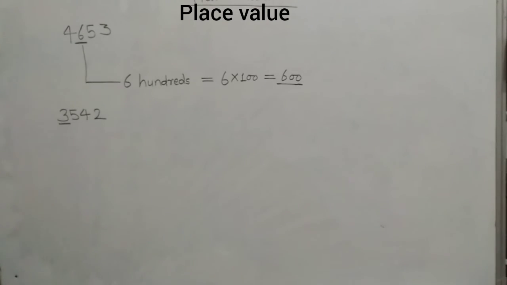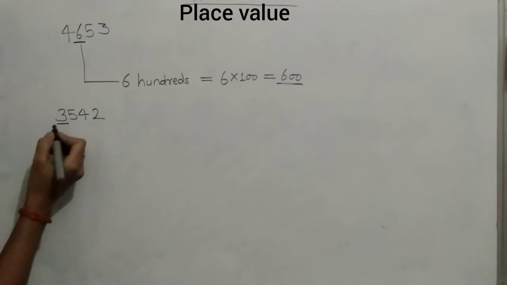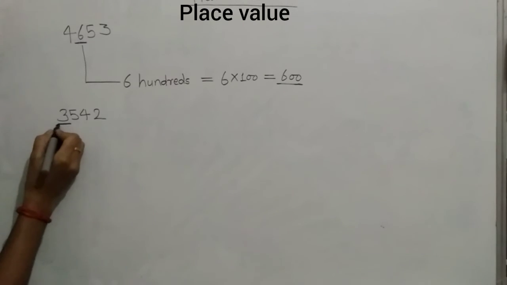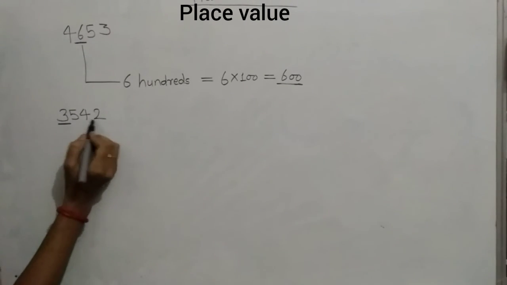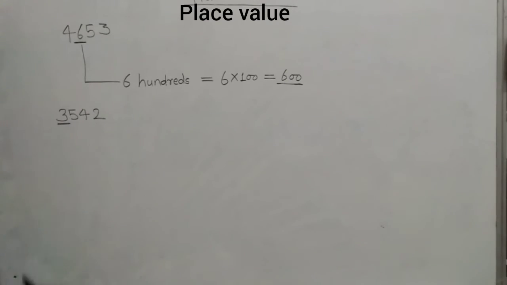Here the underlined digit is 3 and 3 is at 1000 place. Ones, tens, hundred, thousand.